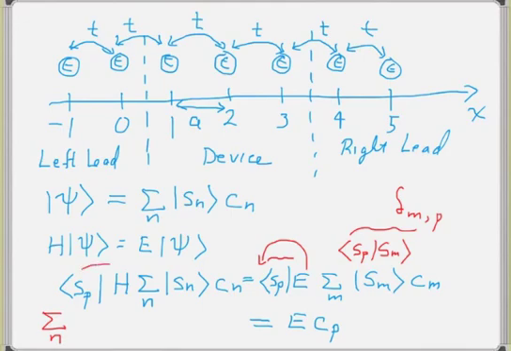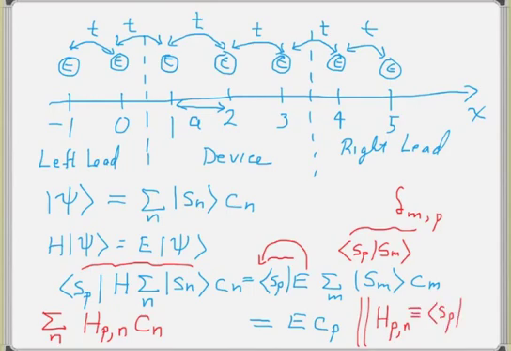This is what we mean by a matrix element of H. So this is just H_p,n c_n. Right? And this is my matrix equation for the amplitudes. Where H_p,n is just s_p H s_n.